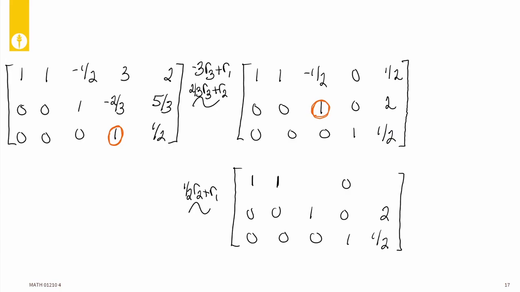Again, we only have 2 entries we have to worry about. And actually only 1, right? Because that has to be 0. That's why we were doing it. So it's just 1 entry we have to find. Half times 2 plus a half. What was a half times 2? 1, yeah. So 3 halves, right?